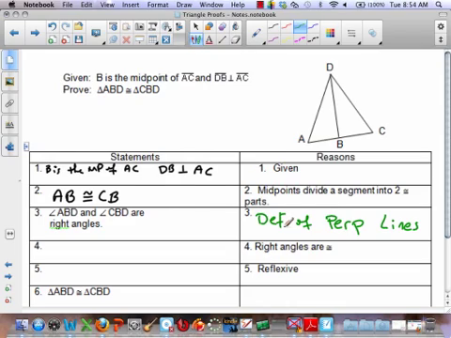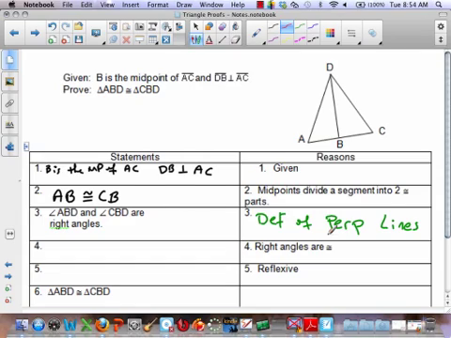So what should be given there on line 4? What should we write? So look at the reason. Right angles are congruent. So what should we write?